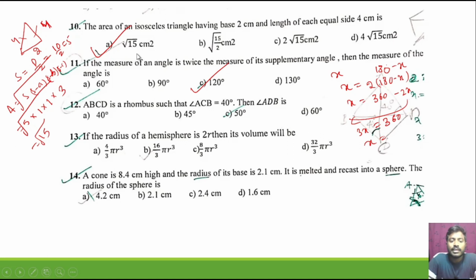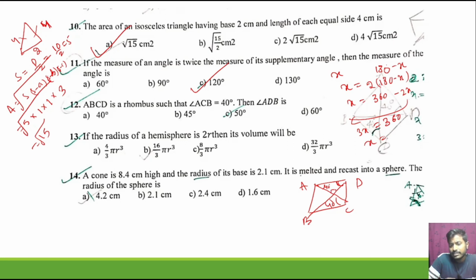Next question. ABCD is a rhombus such that angle ACB equal to 40. Find angle ADB. Okay, so here the diagonals. Angle ACB is 40, so this angle also is 40.